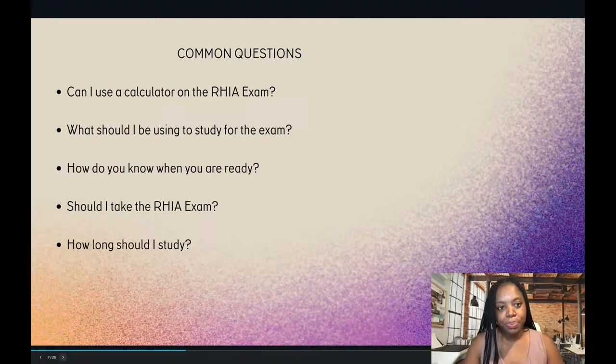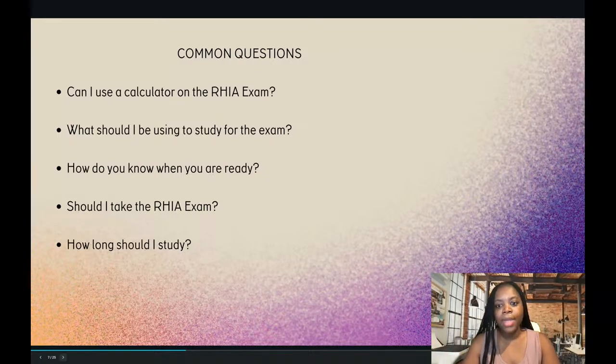Another common question I get is, what should I be using to study for the exam? The answer to that question is you need to have the RHIA question book. I'm forgetting the number of questions right now off the top of my head, but there is an AHIMA practice question book that they released, and you want to have that book.